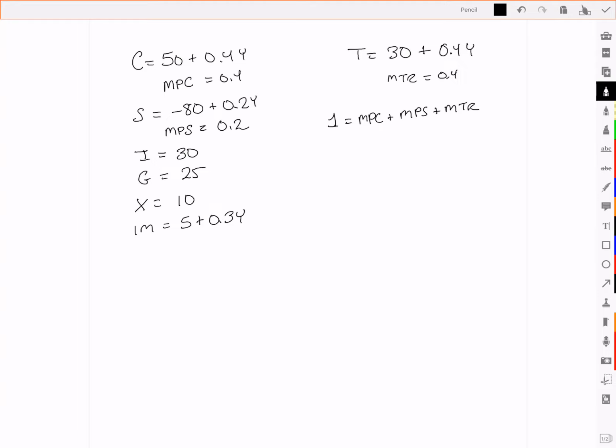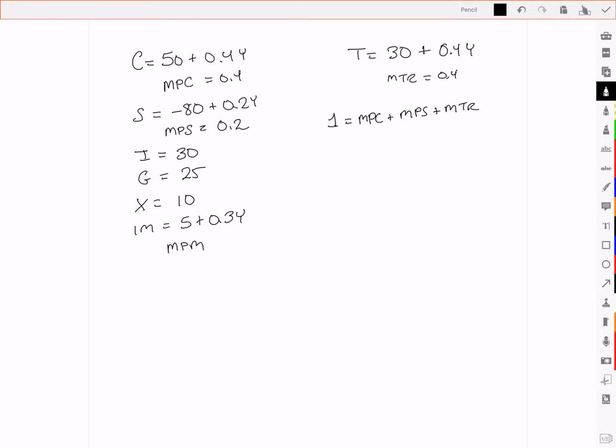Import spending, notice it is autonomous and induced. So $5 of autonomous spending, even if we had zero income, we would still bring in $5 worth of goods into the country because there's some basic necessities we can't produce here. And then as our income increases, the amount we import from other countries increases as well.